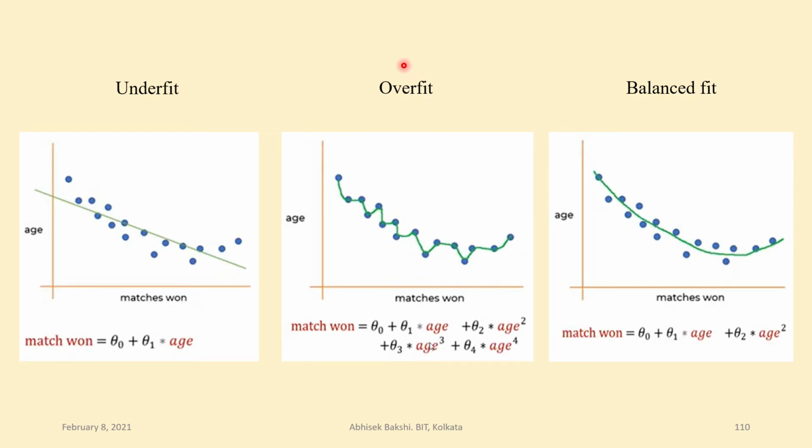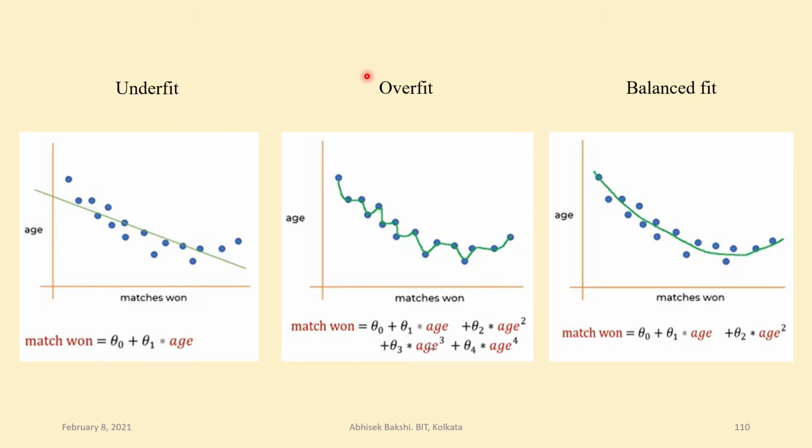Now, in any model, overfitting and underfitting are both not expected. Both show that the model has learned well, but it doesn't really learn well for the test dataset. So the model will fail in predicting some unknown data.